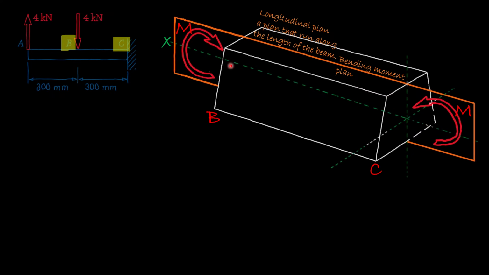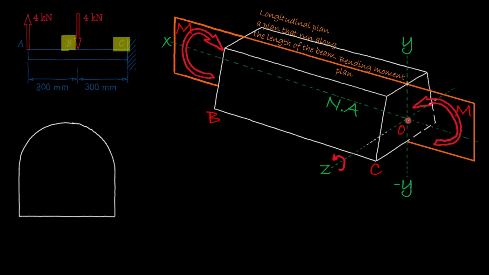So here we will have this, that is the x-axis, or in other words, the neutral axis. Then the vertical one will be your y-axis, and at the bottom will be the negative y-axis. This one will be your z-axis, and as you can see, it's parallel to the bending moment diagram. And here you will have your rotation about the z-axis, and this is our origin.